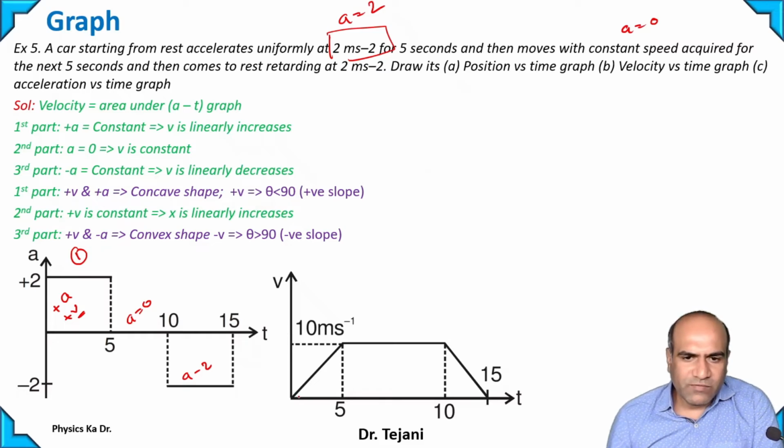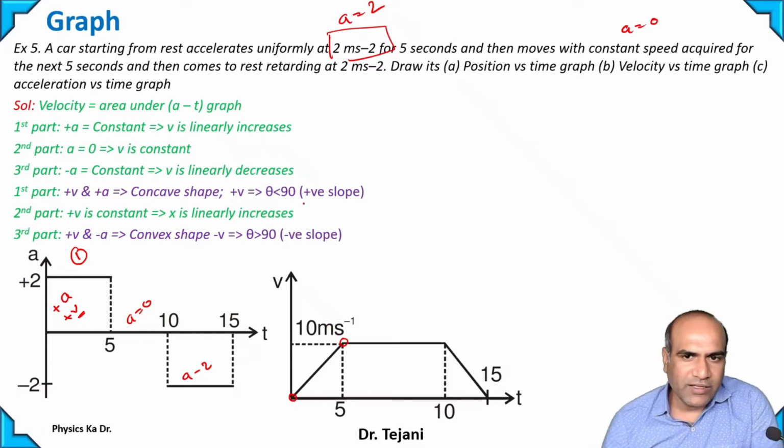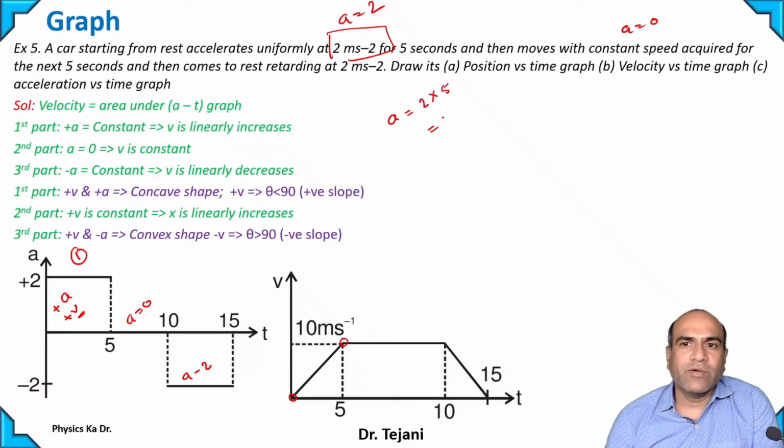Velocity starts from 0 and reaches, how to identify, 10 meter per second. The area below the a-t line is 2 multiplied by 5, which gives 10 meter per second, and that gives the velocity.